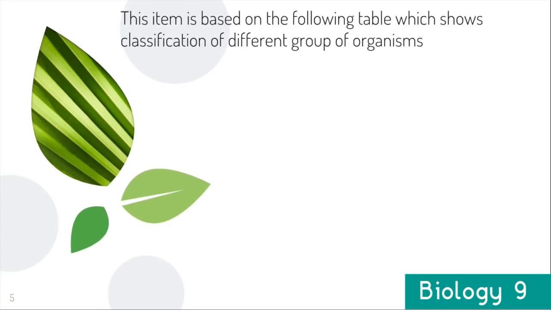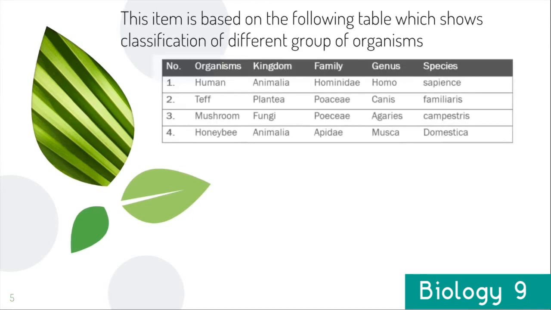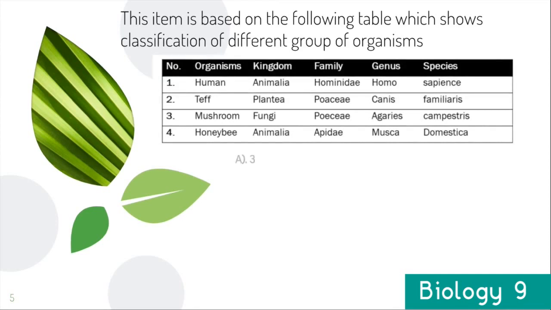Question 4. So this item's based on the following table. Shows classification of different groups of organisms. Take a look at this table. So which one is correct? It's A, 3, B, 4, C, 1, or D, 2.